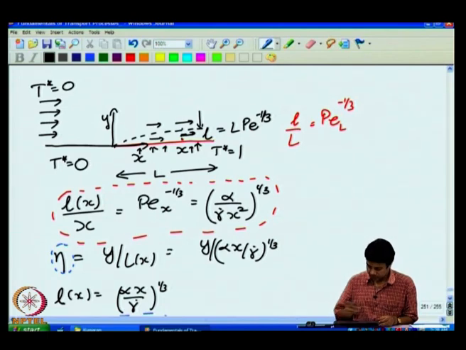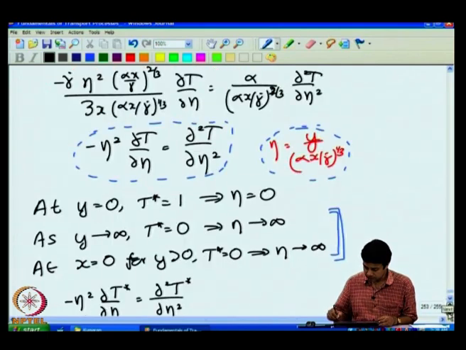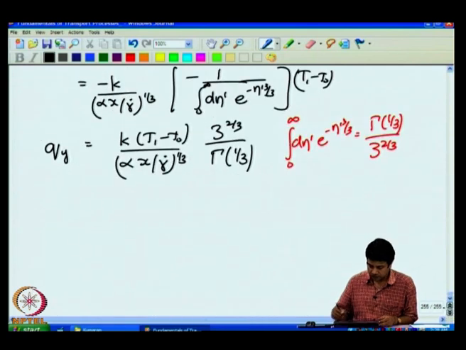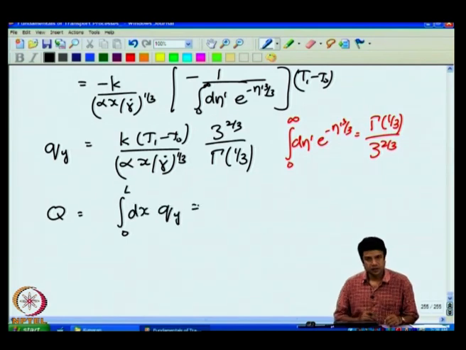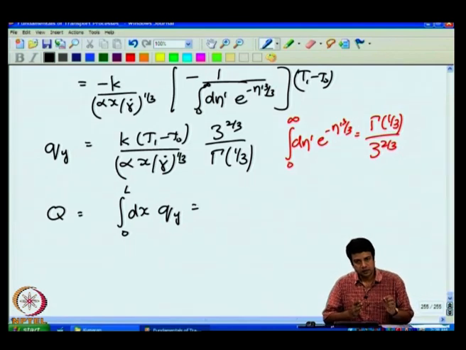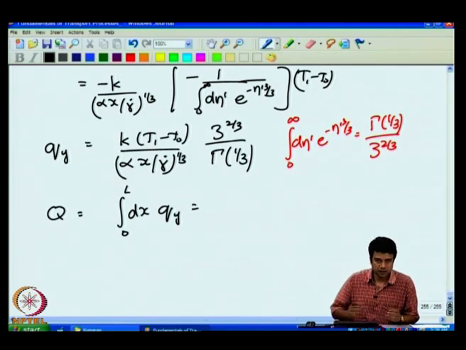So, the total amount of heat coming out per unit length perpendicular to the plane is equal to the integral from 0 to L of dx q_y. That is, you integrate the heat coming out per unit area at each differential area along the x direction, and then add them all up. So, this is equal to the total heat that is coming out.